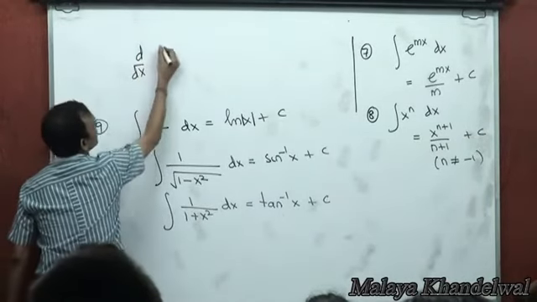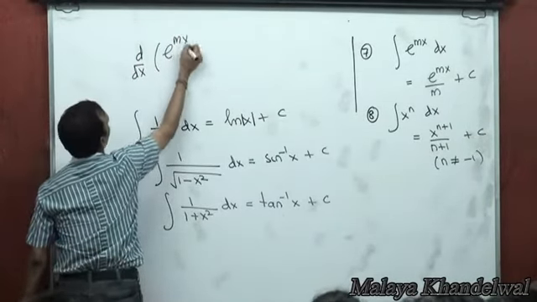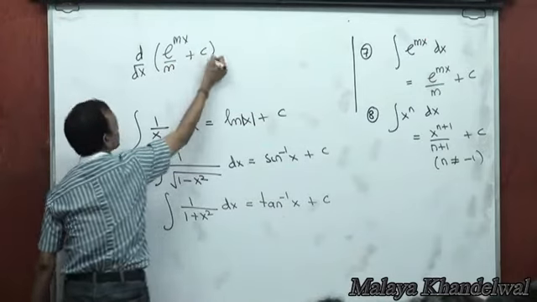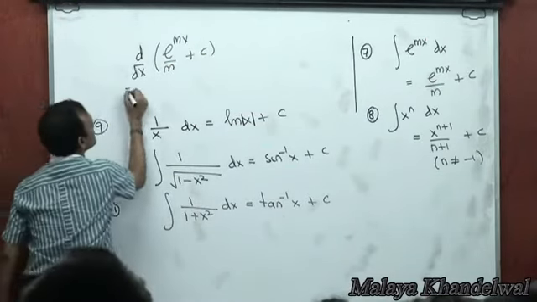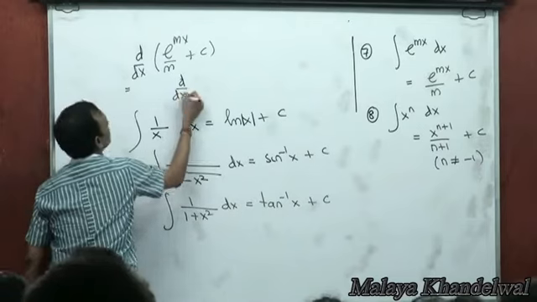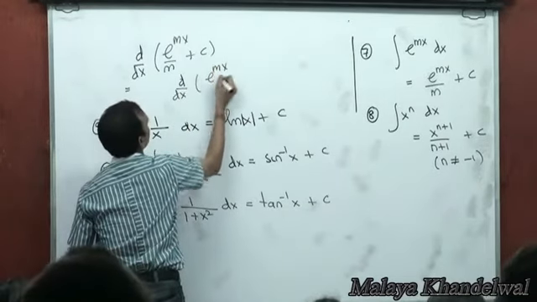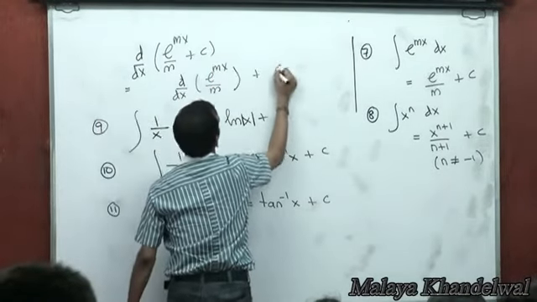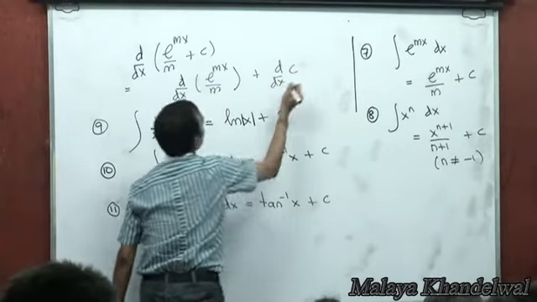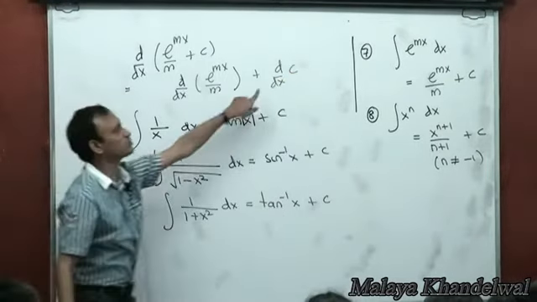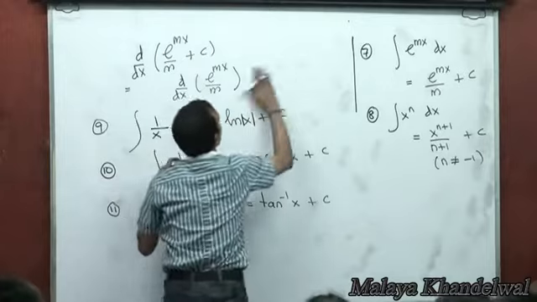Let me differentiate the right hand side, e power mx by m plus c. It's d/dx of e power mx by m plus d/dx of c. d/dx of c is 0. This goes away.